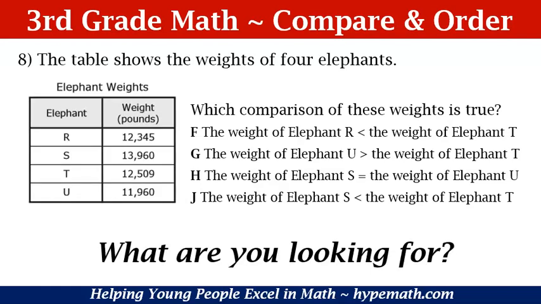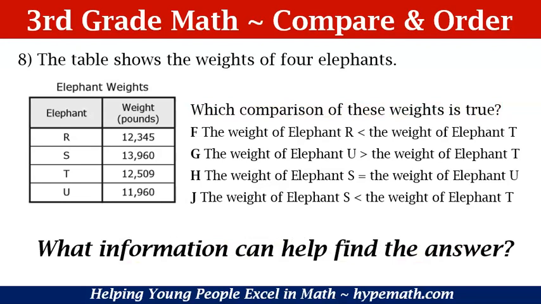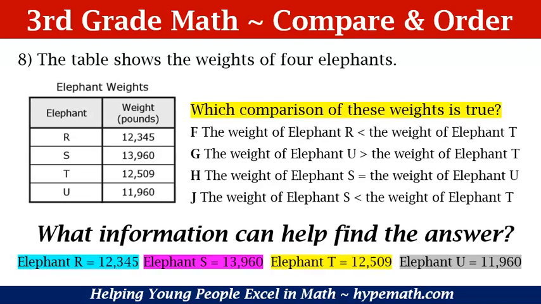What's our most important question? What are we looking for? We are looking for the comparison of the elephant weights that is true. What information do we need to help us find the answer? That's an important question too. Once you find out what you're looking for, what information you need to find the answer, that's the second most important thing you need to ask yourself.